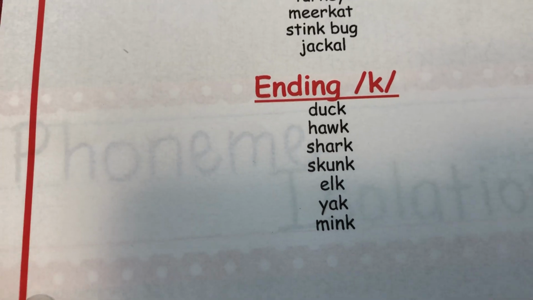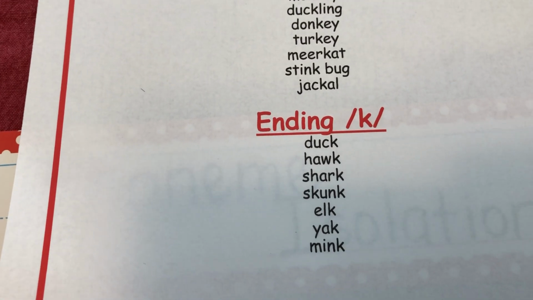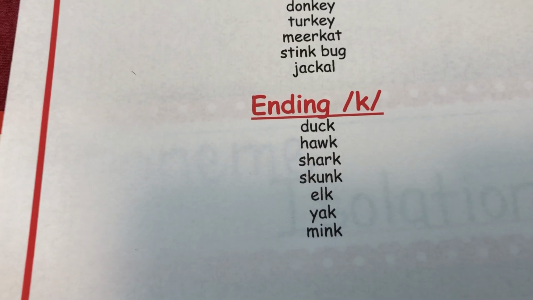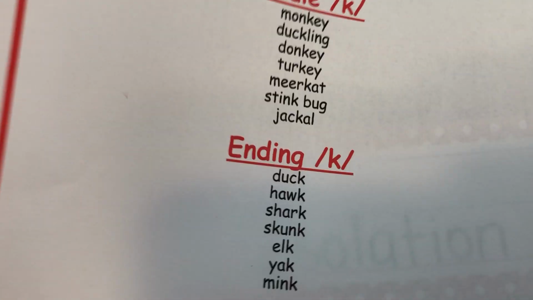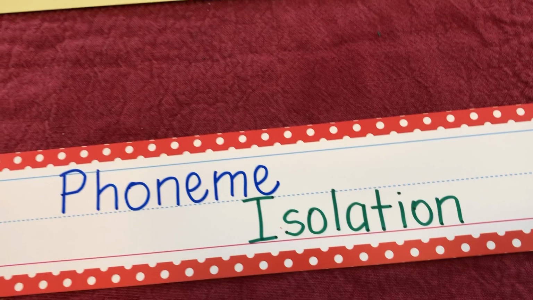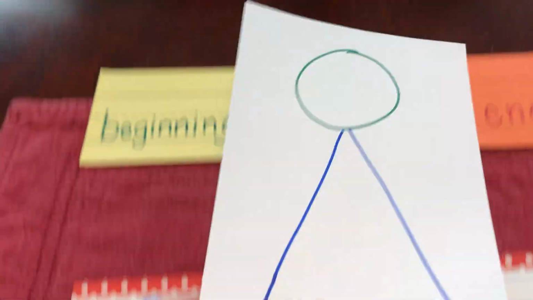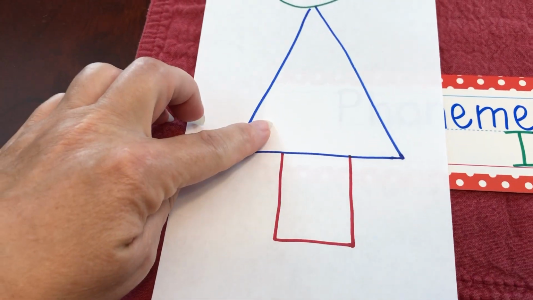Because your child might see that there's a K there and they might hear it as they're saying it. Don't overwhelm yourself with all of the different rules that we have, okay? If they hear the sound, that's awesome. Let them enjoy that.